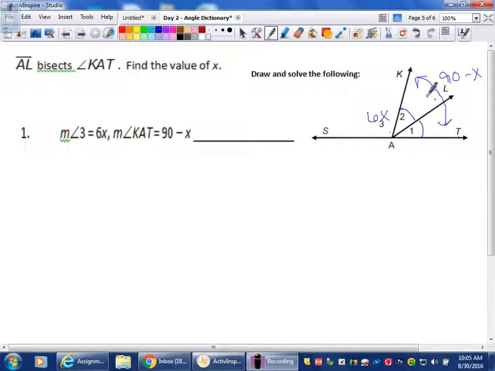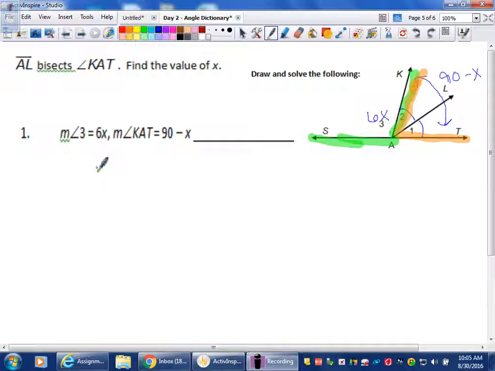What do I know about these two parts that they have shown me? If it's hard to see, maybe taking a highlighter and highlight angle 3 here. Here's angle 3. Sorry, that wasn't very neat. And then highlight angle KAT. What do you notice about these two angles?